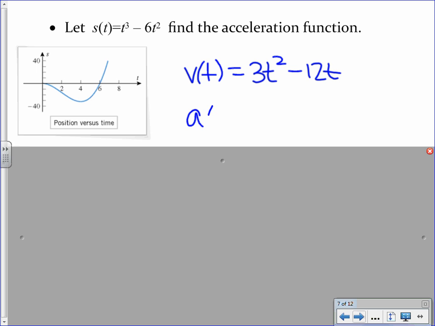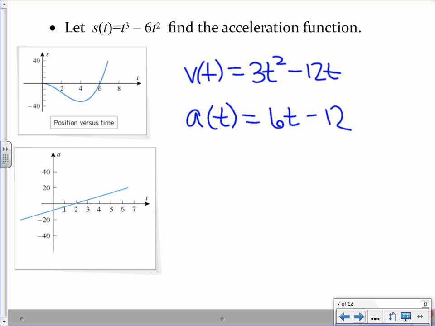What would the acceleration be? 6t minus 12. Here is that picture. Okay, so we have negative acceleration from 0 to 2 and positive acceleration from 2 to 7.